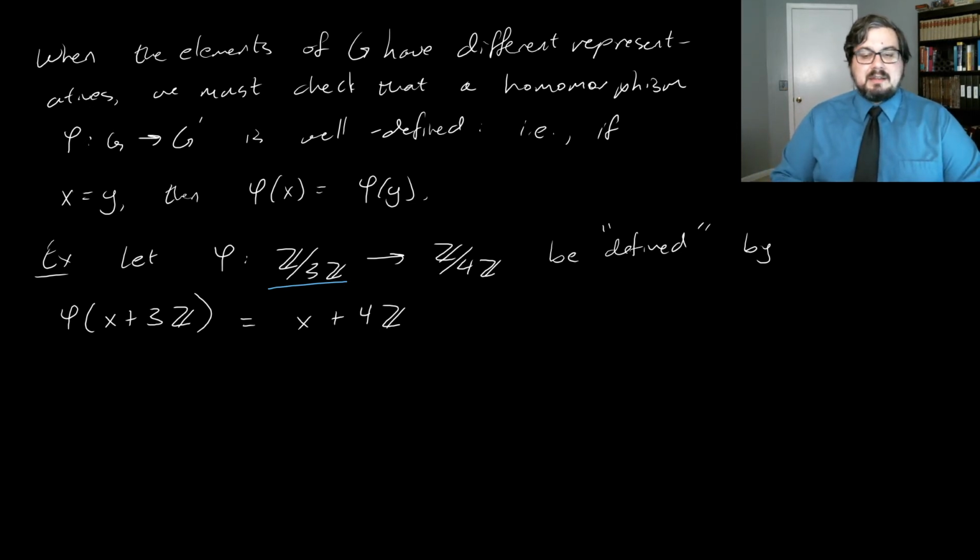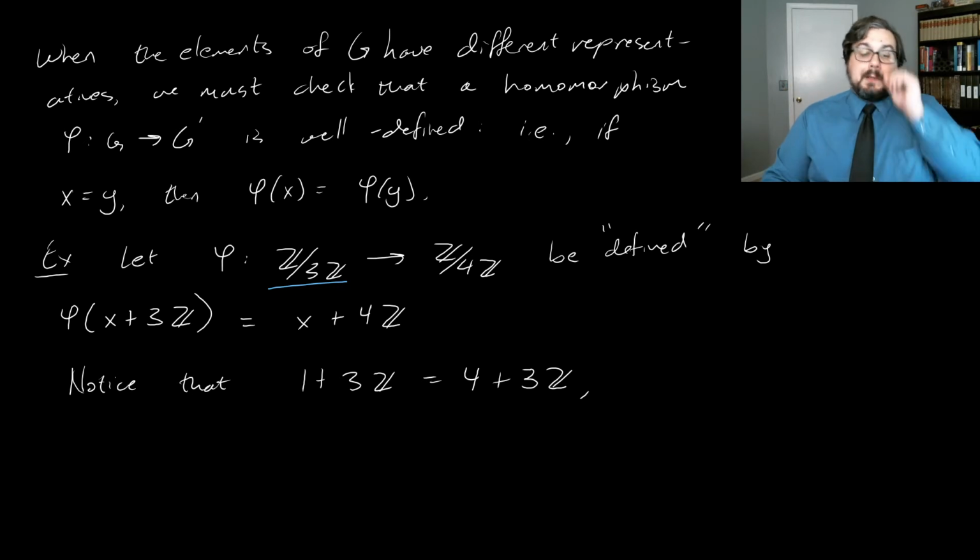So we can see that in an example. So notice that 1 plus 3Z is equal to 4 plus 3Z. Those are 1 and 4, just two different representatives of the same coset of 3Z.